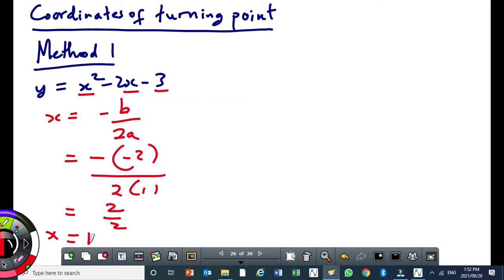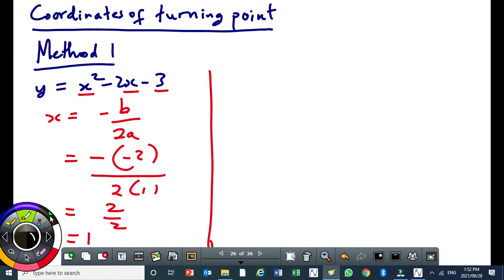Now we need to find a y value which corresponds to this x value. To find that y value, we substitute this x into that equation. So y equal to 1 squared minus 2 times 1 minus 3.